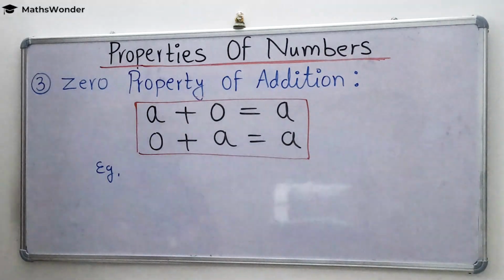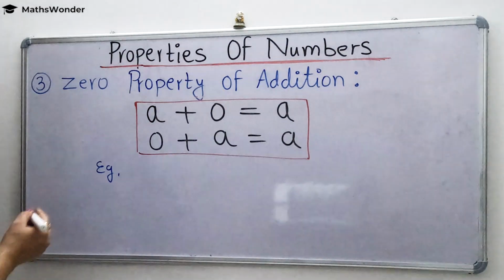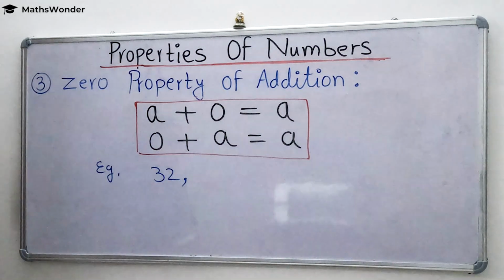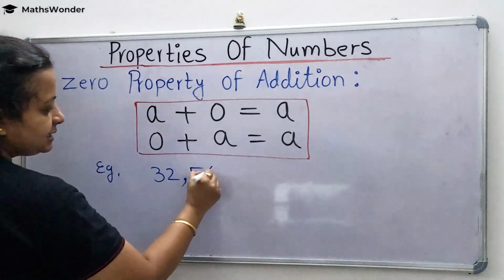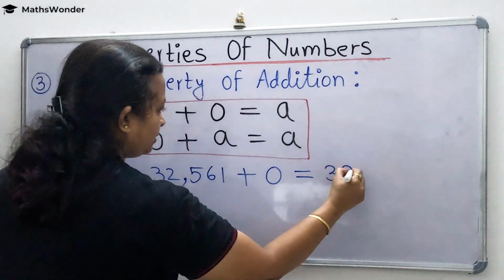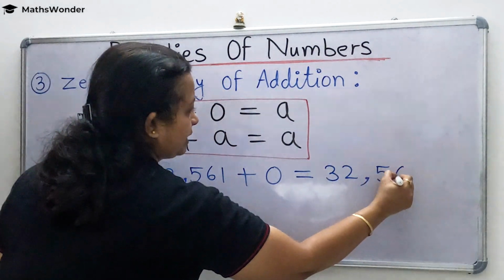So the next property is the zero property of addition. Zero property of addition is adding 0 to a number gives the number itself. Right? Suppose 32,561. When you add 0, you will get the number itself.